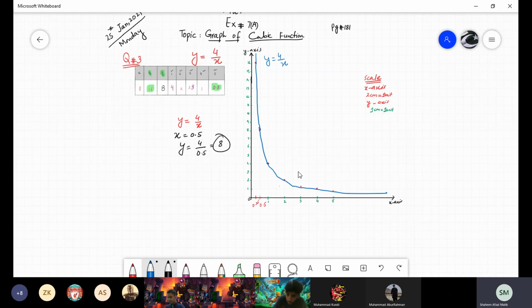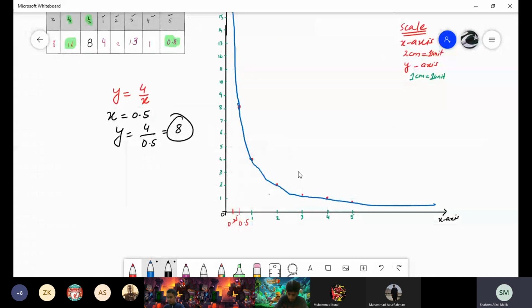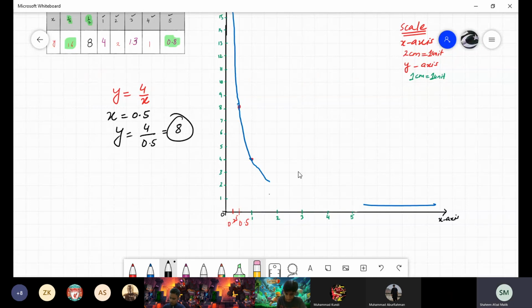I'm going to expand it so it will be clear to you. Your graph line should touch each and every point. If it does not touch the points, then your graph line is wrong. I'm going to redraw from here because it was very small. For 2, it is exactly 2. For 3, it is 1.3.